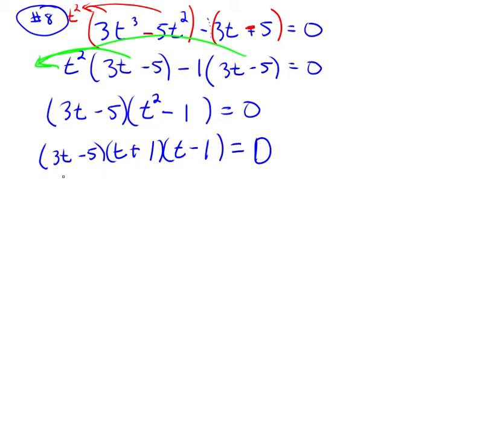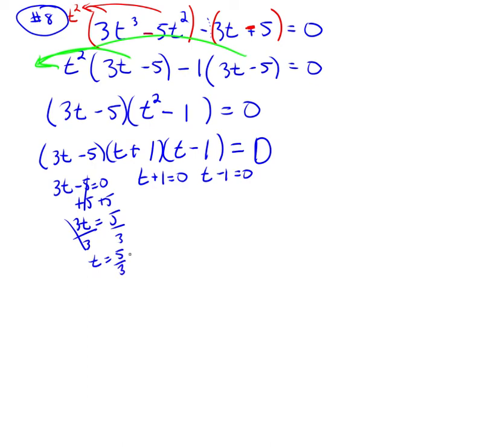So now I can solve these. So 3t minus 5 equals 0, t plus 1 equals 0, and t minus 1 equals 0, using the zero product property to solve each of the factors that will make this equation equal 0.